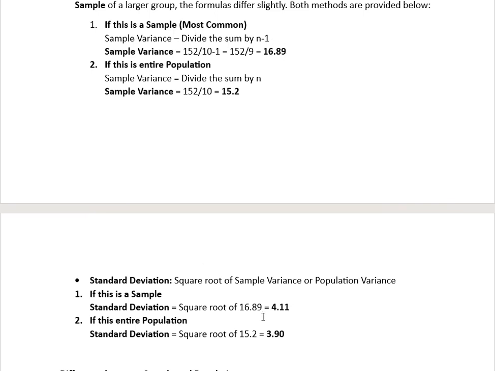The square root of 16.89 is approximately 4.11. And if this is an entire population, then standard deviation is equal to the square root of 15.2, which is the variance value in case of a population. The square root of 15.2 is approximately 3.90. So for standard deviation, just take the square root of the variance, whether it's for a sample or for a population.